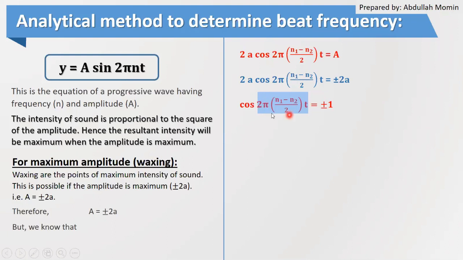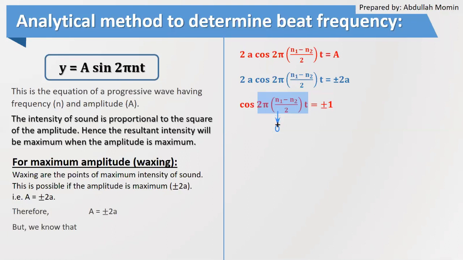Consider this highlighted term as theta. That means cos theta = +1 or -1. We get cos theta = +1 when theta = 0, so when the value of this term is 0, we get +1.